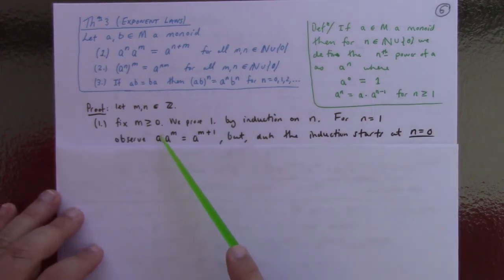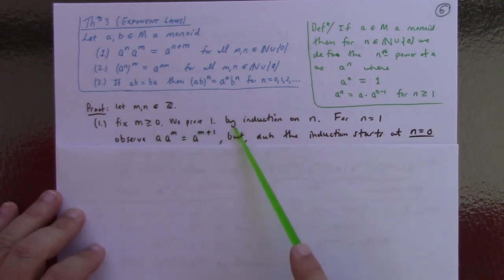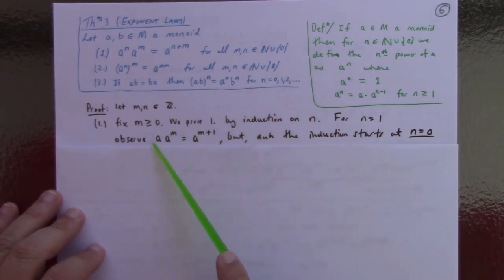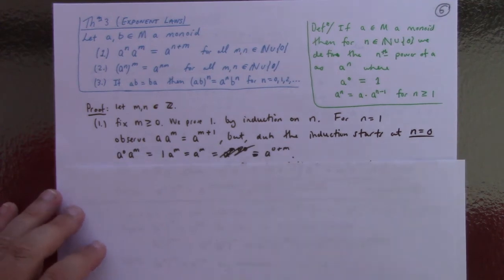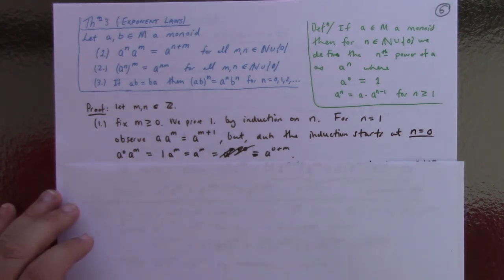We fix m greater than or equal to 0, and to prove 1, we work by induction on n. I suppose the induction starts at 0. So a to the 0 times a to the m is 1 times a to the m, which is a to the m, which is a to the 0 plus m. So there's the n equals 0 step.